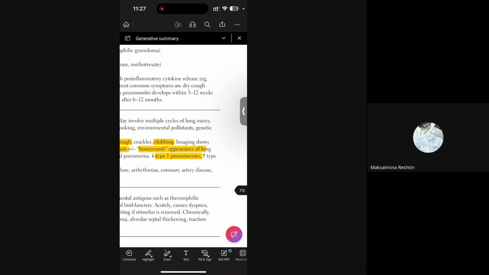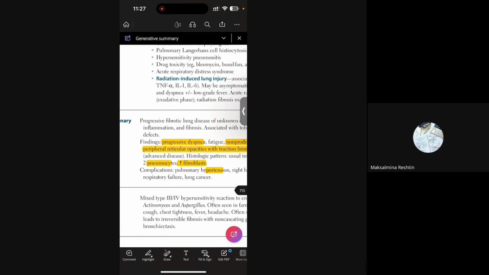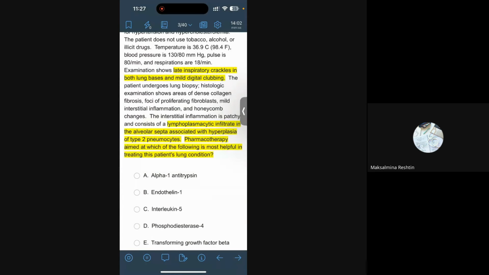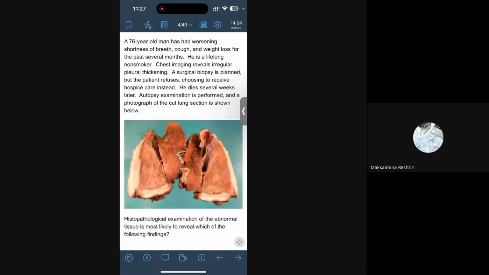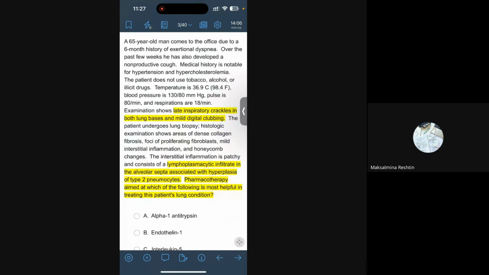Decreased number of type 1, increased number of type 2, and fibroblasts. See the fourth last line, associated with hyperplasia of type 2 pneumocytes, meaning increased number of type 2. And type 2 are increased in idiopathic pulmonary fibrosis.